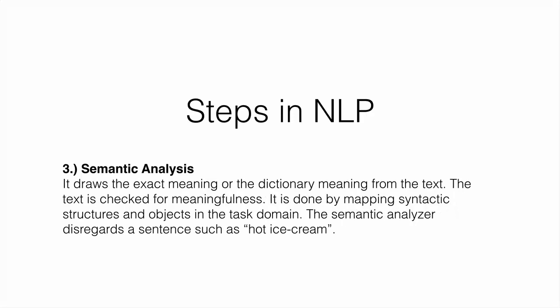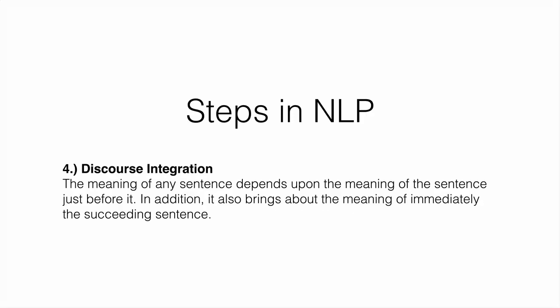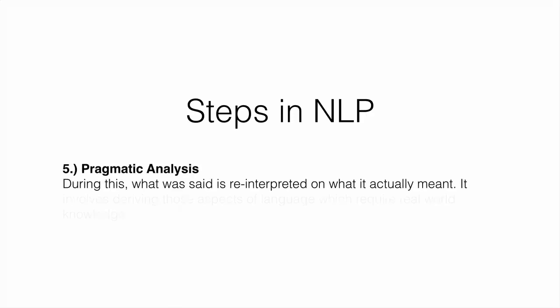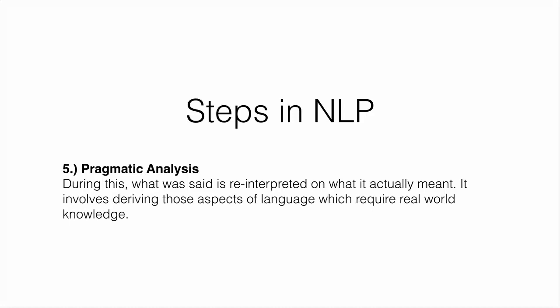And then moving on, we have step 4, discourse integration. So the meaning of any sentence depends upon the meaning of the sentence just before it. In addition, it also brings about the meaning of the immediately succeeding sentence. Another way to build up on context. And then finally, we have pragmatic analysis. During this, what was said is reinterpreted on what it actually meant.